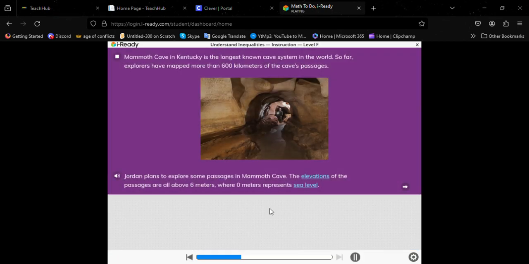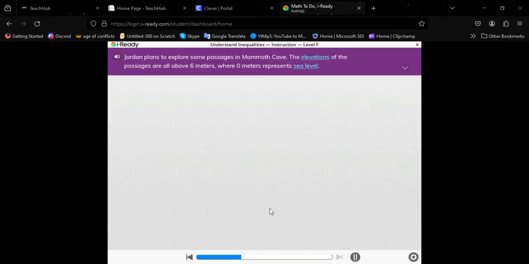Mammoth Cave in Kentucky is the longest known cave system in the world. So far, explorers have mapped more than 600 kilometers of the cave's passages. Jordan plans to explore some passages in Mammoth Cave. The elevations of the passages are all above 6 meters, where 0 meters represents sea level.